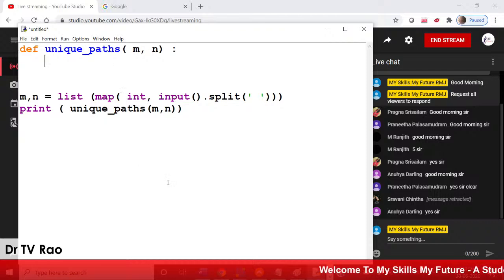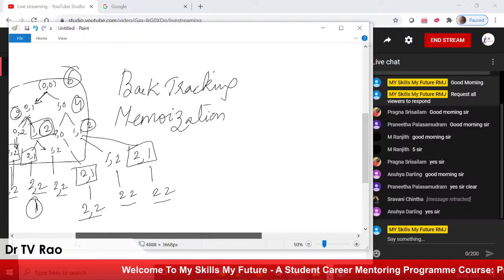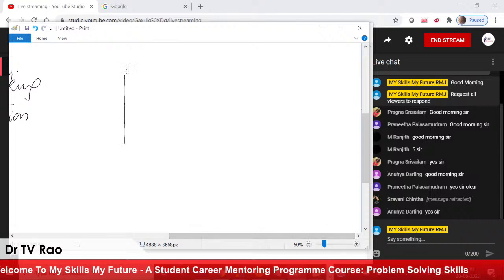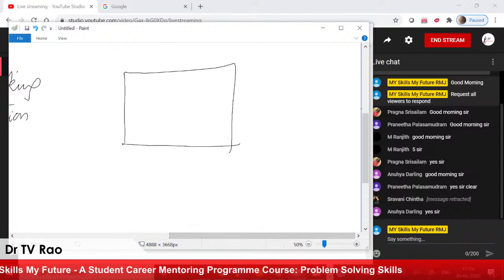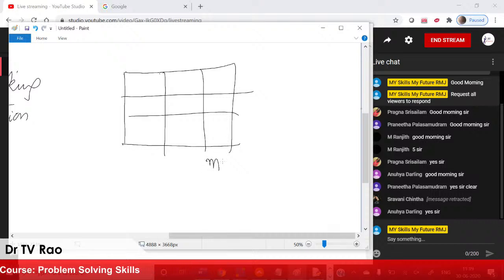So assume that we are traveling from destination to source. So source is 1 1.